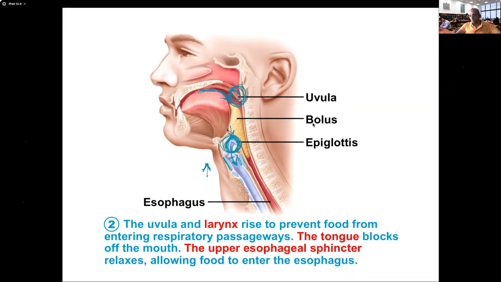All right. And this tells you why, if you're drinking and you start to laugh, what might happen? The water can go up into the nasal cavity and might come out of your nose. What happened here?